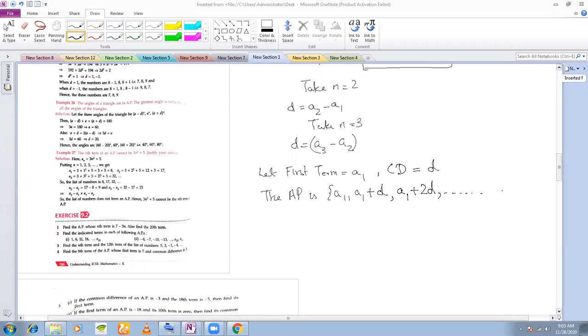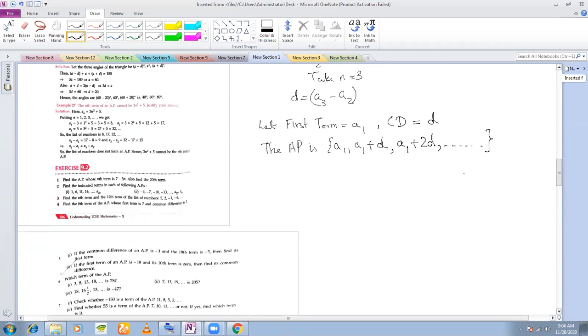The point that I am trying to make here is that if you compare this AP with A1, A2, and so on, you will see that A1 is equal to A1, A2 is equal to A1 plus D, A3 is equal to A1 plus 2D, and so on.